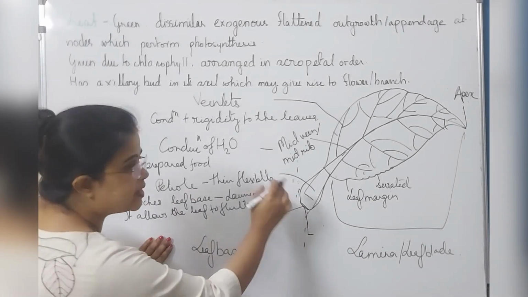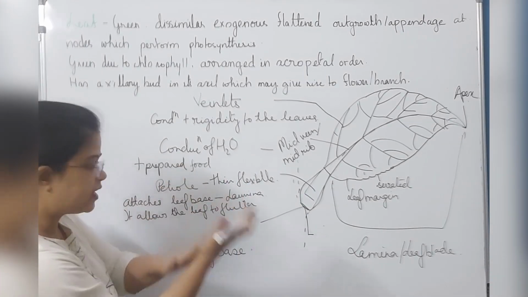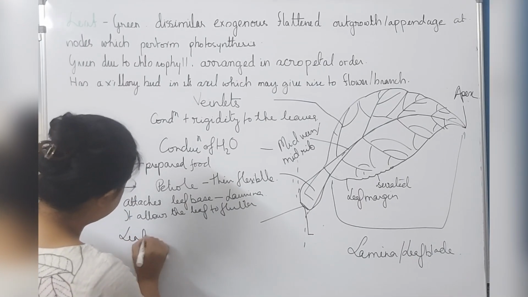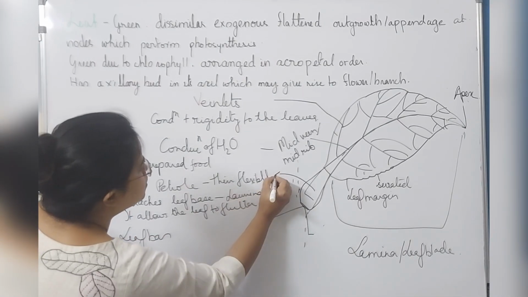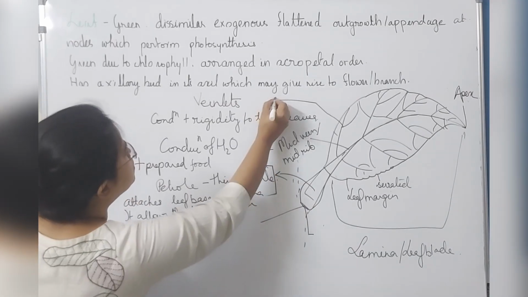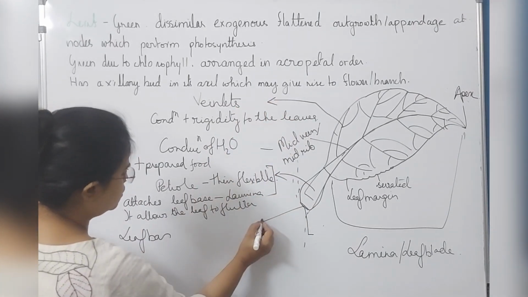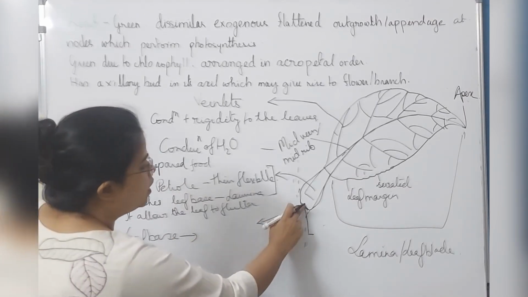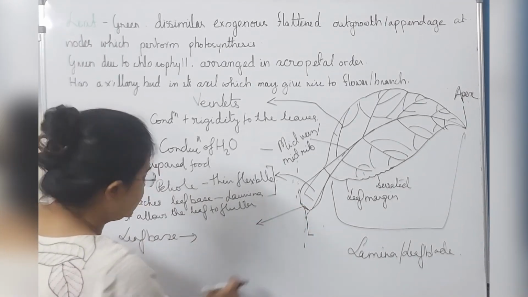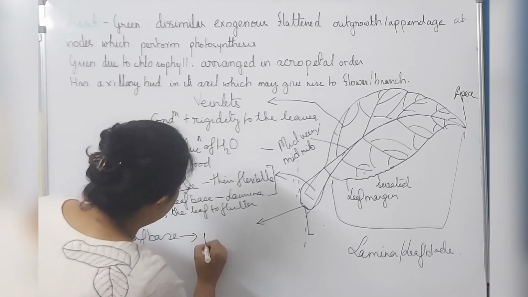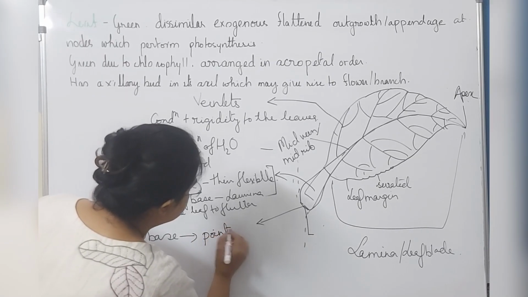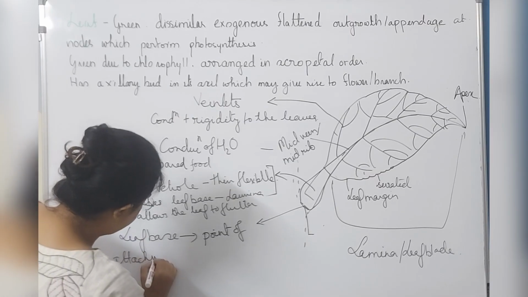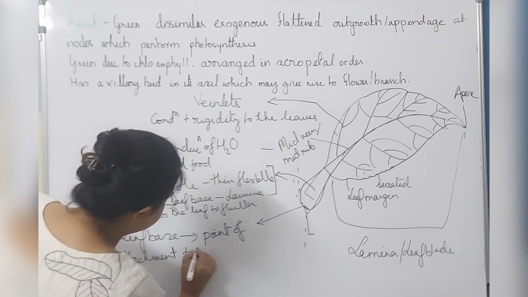This is the base. Base is with which the leaf is attached to the, मैं यहां पे लिखती हूँ और ऊपर, this is the leaf base. लीफ बेस ये डाइकॉट पे ऐसा ही रहता है. This is the point of attachment to the stem.